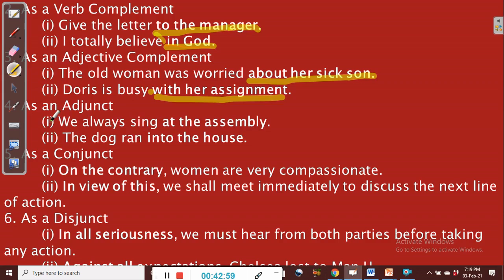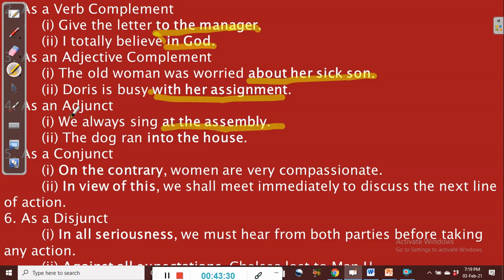Alright, an adjunct is a word or a group of words that tells us more about a verb. Alright, and here we look at it. We always sing at the assembly. So if we look at the adjunct here, is at the assembly. So that is a prepositional phrase functioning as an adjunct.